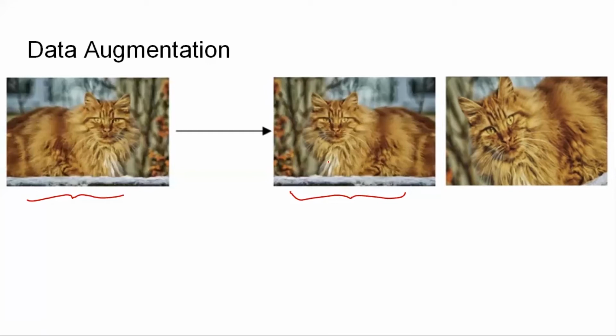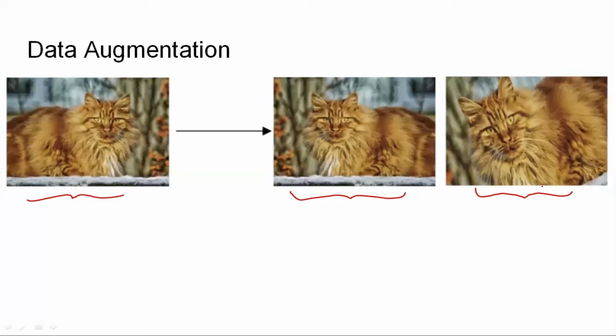Okay, so this is a brand new image for my new learning algorithm. In this way, I have increased the amount of data with me. But this kind of data augmentation does not cause a large increase in the accuracy of your learning algorithm. Why?